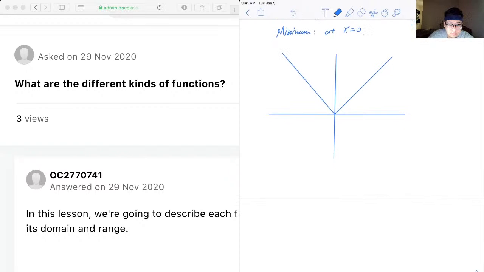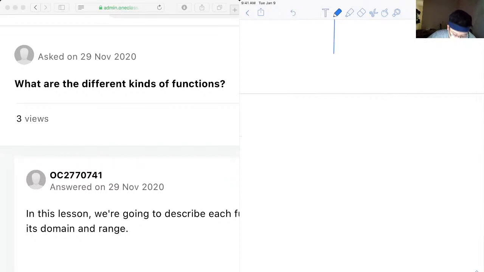And so lastly, we have the linear function.